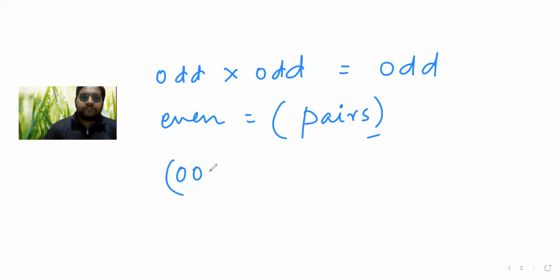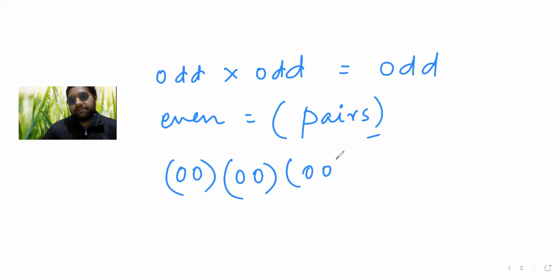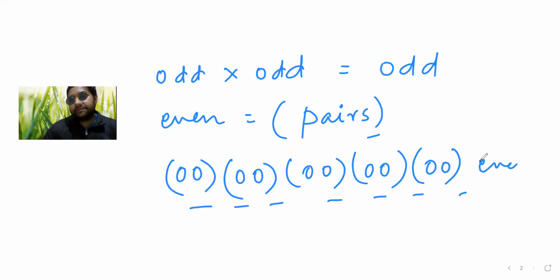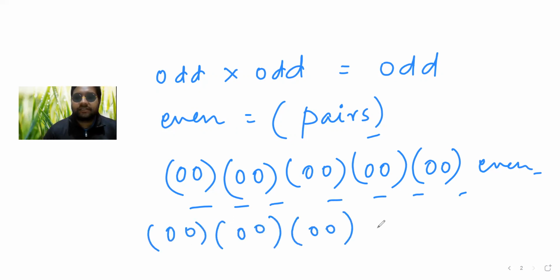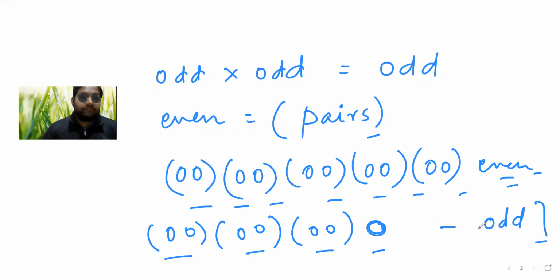If there are two balls, this is one pair and it is even, and any number of pairs, as long as it is in pairs, is all even. And for any number to be odd, you should have just the one number outside this pairing. So if you have one pair, two pair, three pair, and then one which is not in a pair, then this is odd. That is the way to understand even and odd.